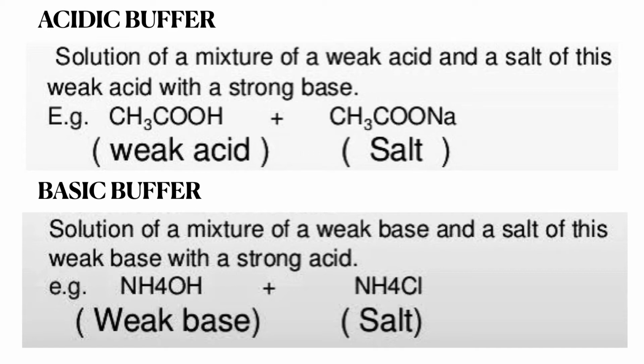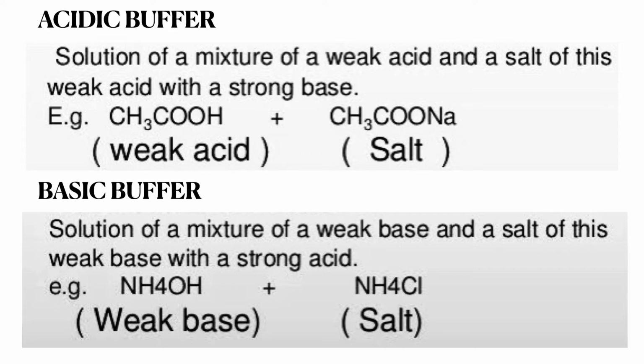That means CH3COOH, and its conjugate base is CH3COO minus. Its salt is the sodium salt of acetic acid, CH3COONa. So this is one example: a solution of a mixture of weak acid CH3COOH and its salt CH3COONa.